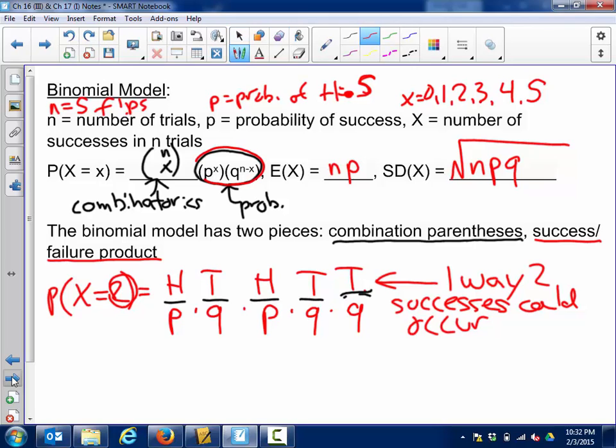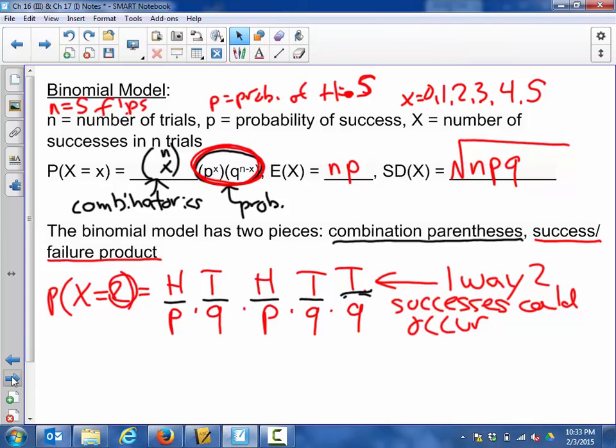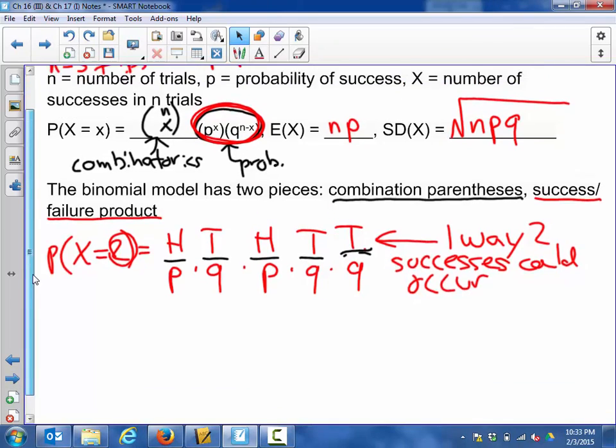So that's what the probability piece right here finds: the probability of a single case. What we're circling in red right now will tell you how you can find 2 successes out of 5 Bernoulli trials one time. But it doesn't capture the whole essence of the problem, because that can occur multiple ways. You can rearrange the heads and the tails here.